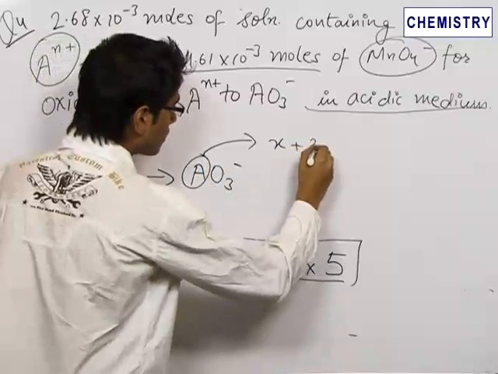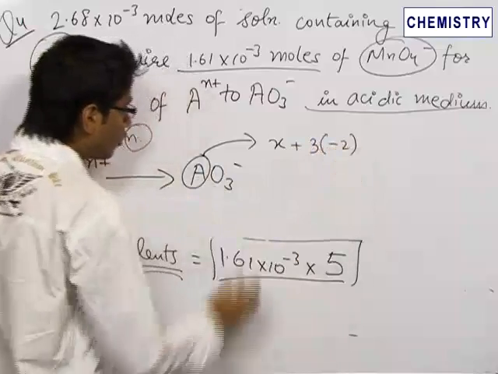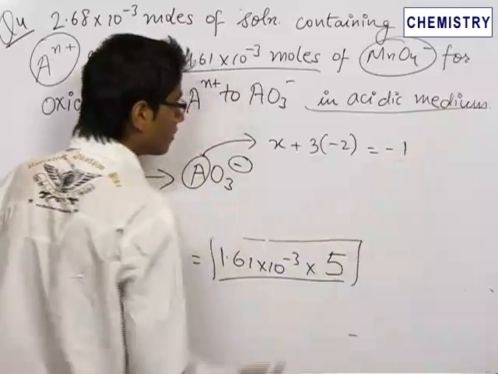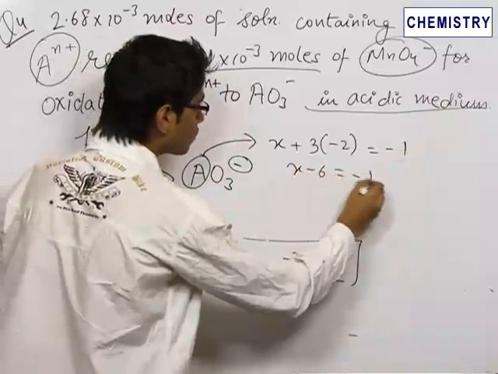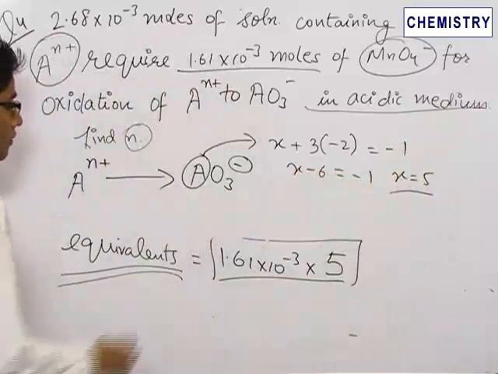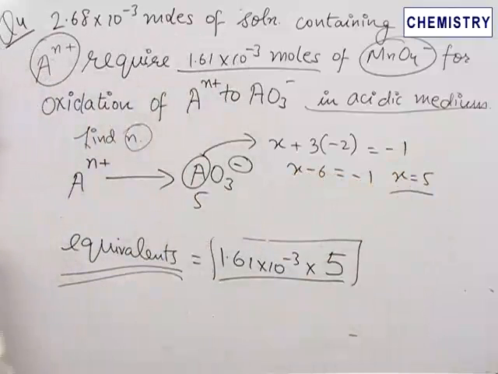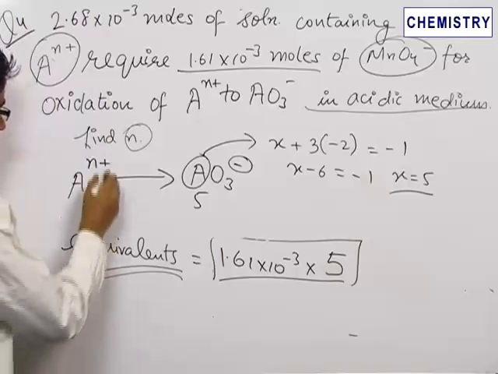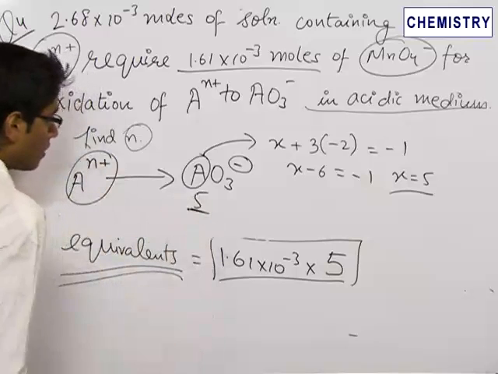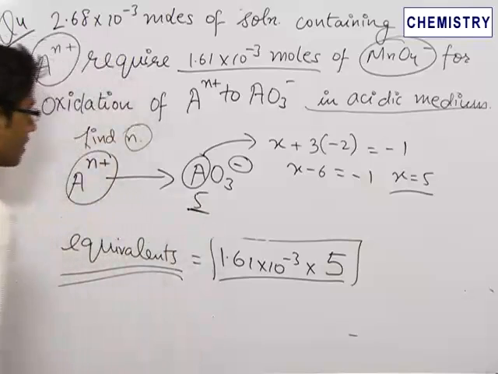So X plus 3 into minus 2 is equal to the net charge on the whole ion, which is equal to minus 1. So X minus 6 equals minus 1, X equals 5. So the oxidation state of A in AO3 negative is 5. So MnO4 negative is oxidizing A^n+ into AO3 negative, which is having the oxidation state of A as plus 5.